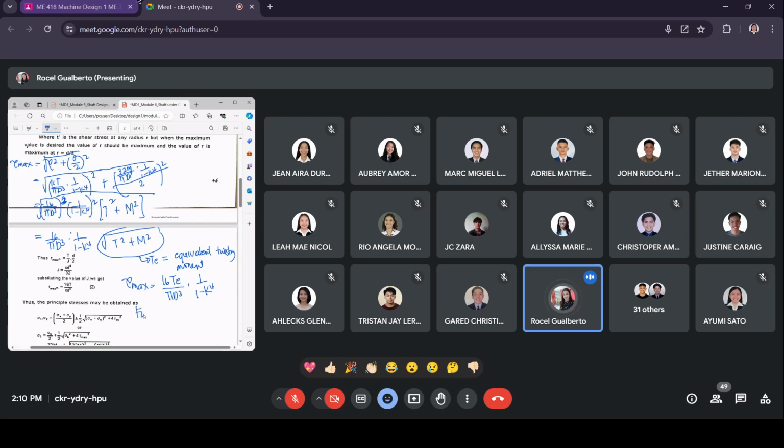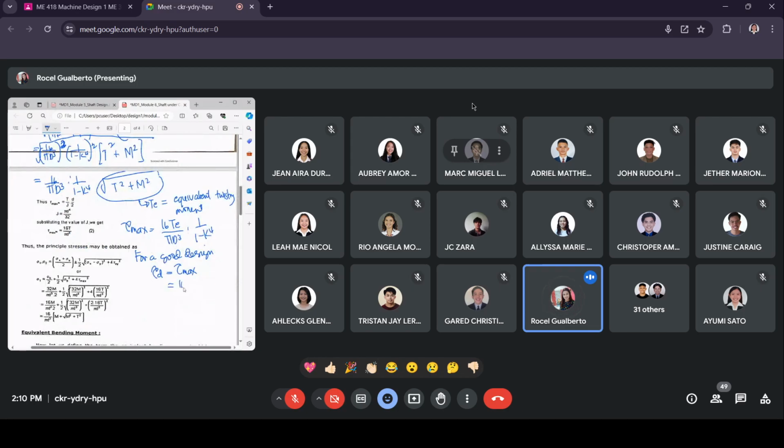So what you need to do is to equate this to the design stress. So tau d would be equal to your tau max. Tau max is 16 TE over pi d cube if it is solid. If it is hollow, just multiply by 1 over 1 minus k to the fourth, equal to your tau d.